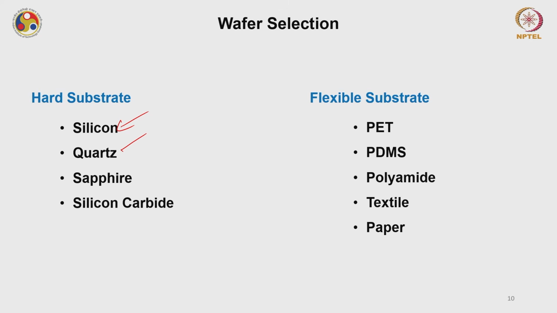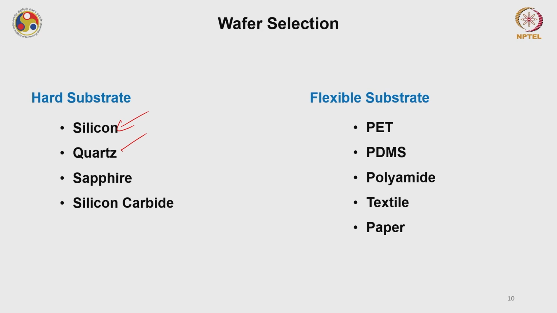However, there are other substrates that are being used, like quartzite, quartz, sapphire, and for high temperature applications silicon carbide. For flexible electronics or flexible sensors, we have various flexible substrates like PET, polyimide, and others.